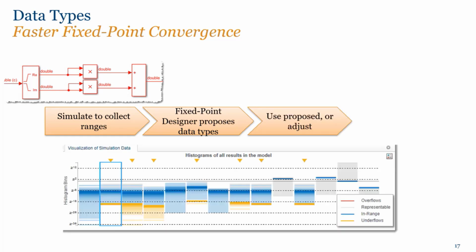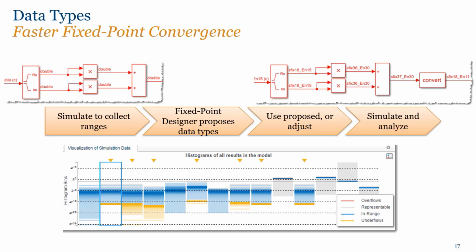Once you accept the proposal, or you can adjust some of the data types, of course, it will re-simulate and analyze the effect that these conversions have on your model. In that case, you will go from a floating point representation of your model to a fixed point representation of your model through an iterative workflow.